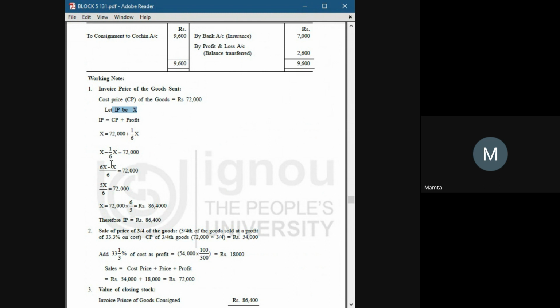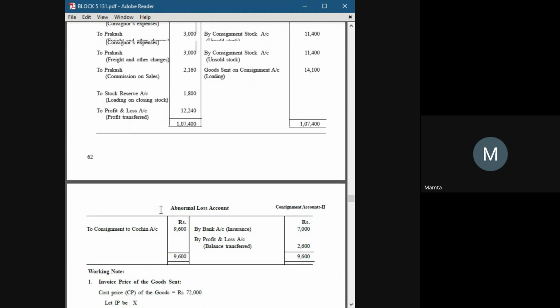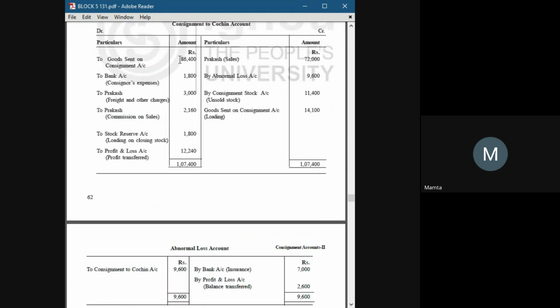So X minus 1 by 6 of X comes to 5 by 6, 5X by 6. When we send 5 by 6 to the right hand side, it will get reciprocal: 72,000 into 6 by 5, and when you solve this, the amount you get is 86,400, and we have put it the same here.